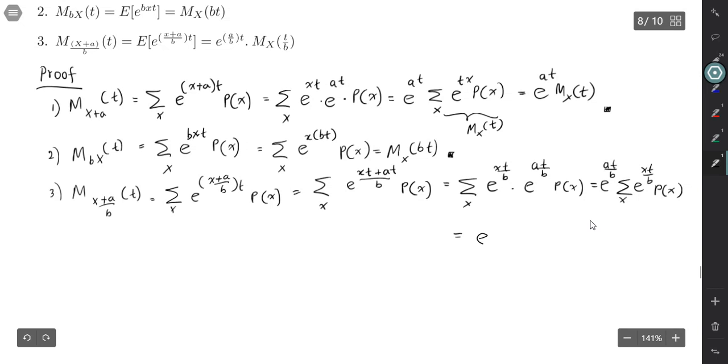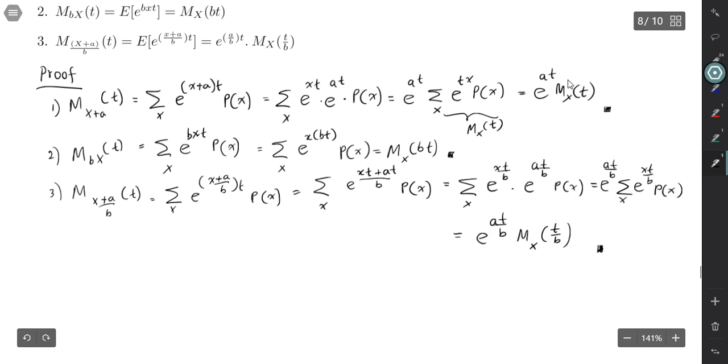So you have e to the at over b, and this is the moment generating function of X at t over b. Instead of t, you have t over b here. So this is how you prove theorem 4.7.